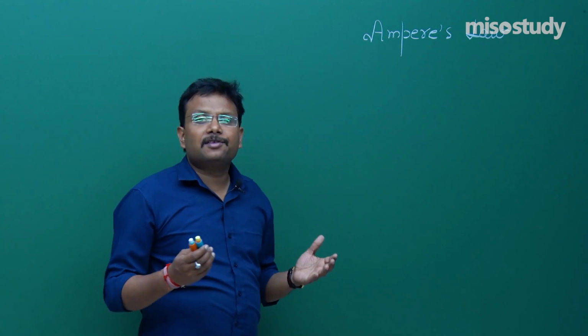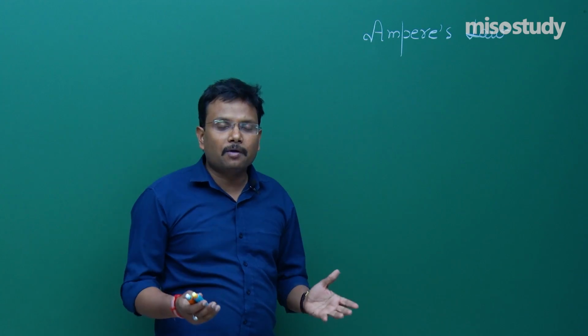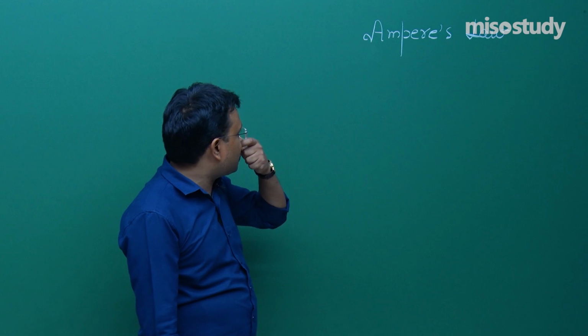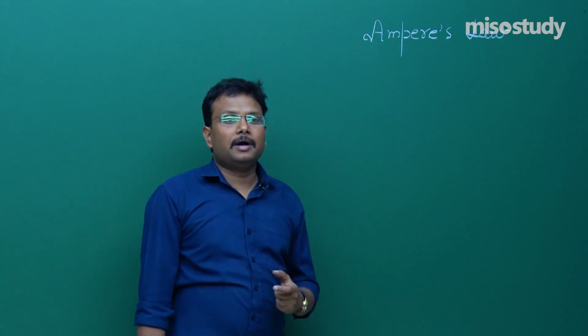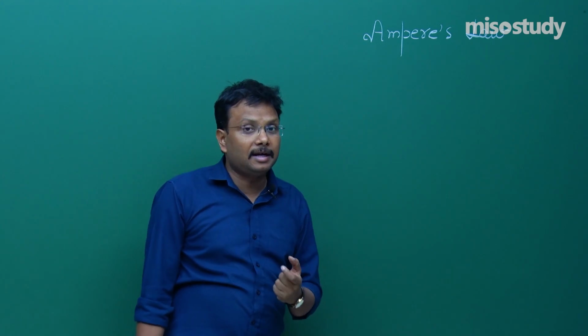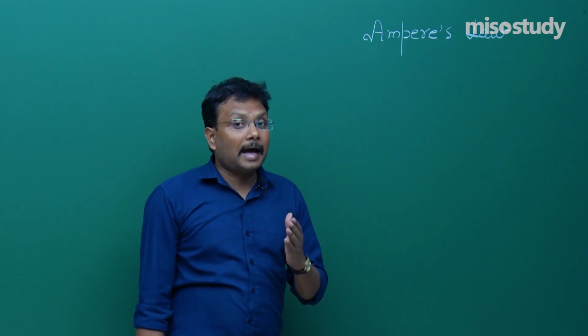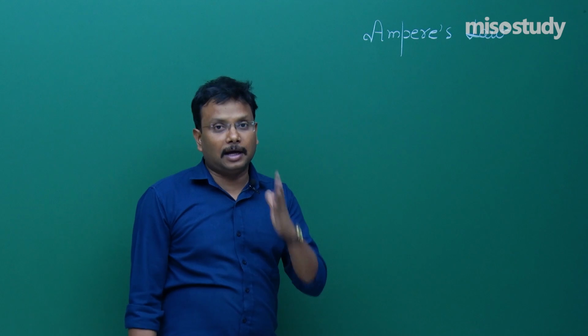Maybe it is a straight wire, maybe it is a circular wire, maybe it is a triangular wire, and so on. Now, this is the law which enables you to find the magnetic field associated once again with what? That is current carrying conductor.